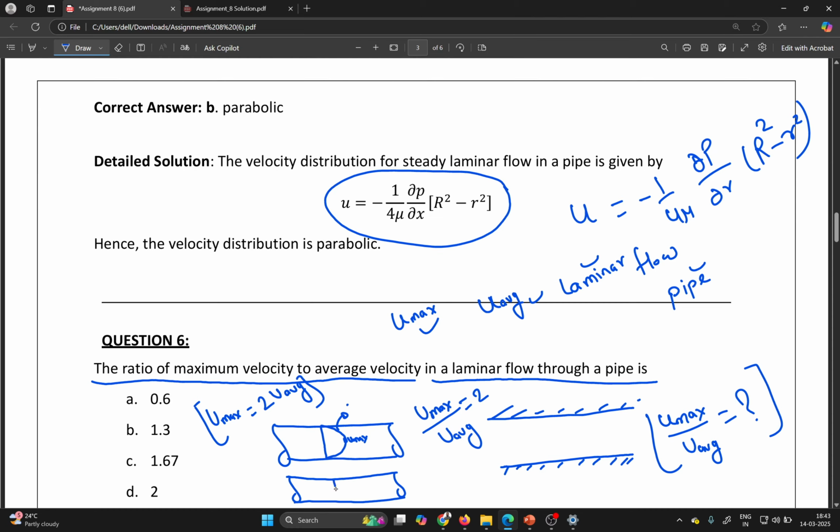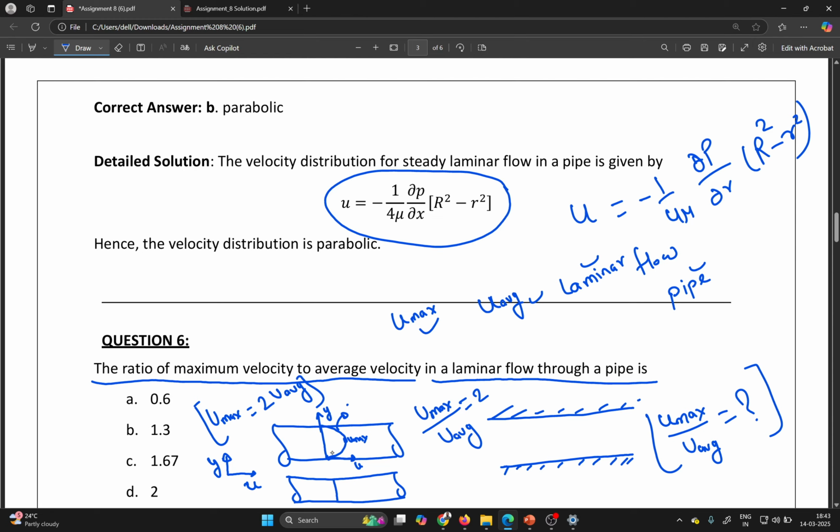Here, uniform flow means the average velocity, that everywhere the velocity will be average. Here velocity is different. If you assume the axis like that, this is the velocity axis and this is your depth axis, let us assume y.